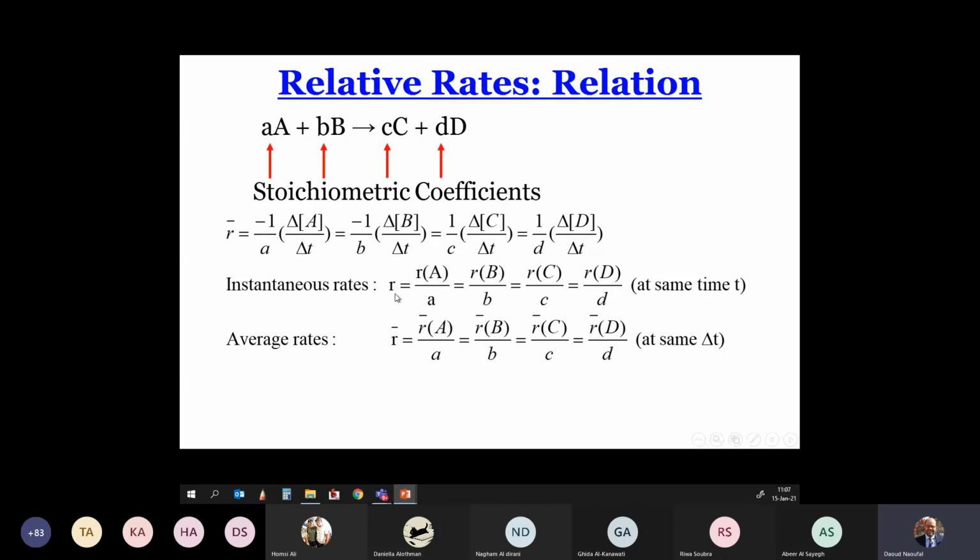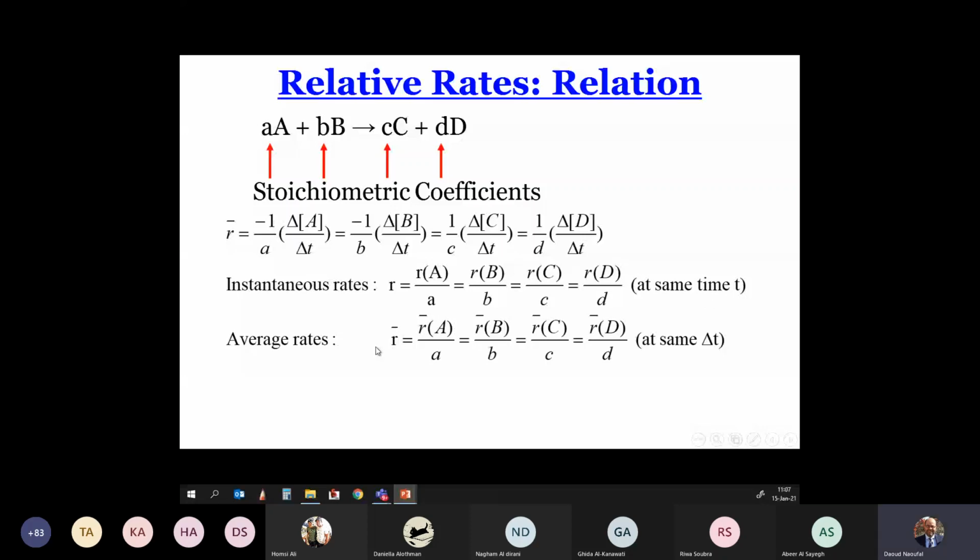For example, the rate of the reaction at 5 minutes equals the rate of disappearance of A at 5 minutes divided by a, equals the rate of disappearance of B at 5 minutes divided by b, equals the rate of formation of C at 5 minutes divided by c. So when using this relation, all rates should be at the same time.